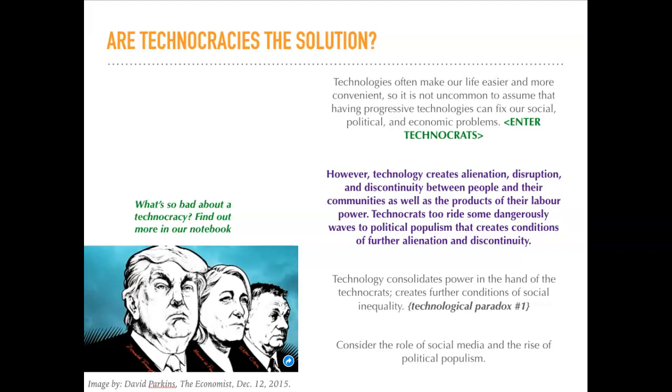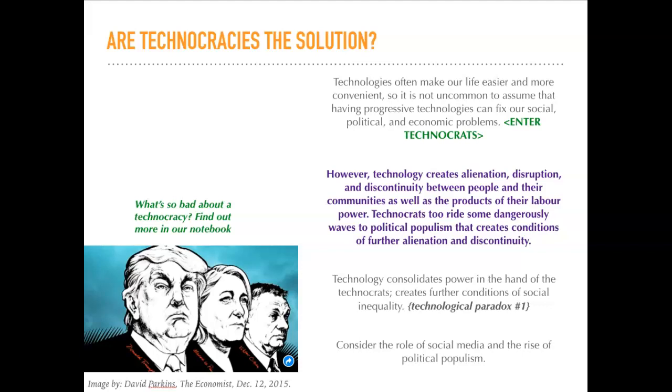And this is because it is based on some assumptions about technology that because technology can do so many great things to make our life convenient and just generally better, then why can't it be used to fix social, political, and economic problems? But as we've been learning and reflecting on in the course, technology does have a tendency to create alienation and disruption and discontinuity between people and their communities, as well as the products of their labor.